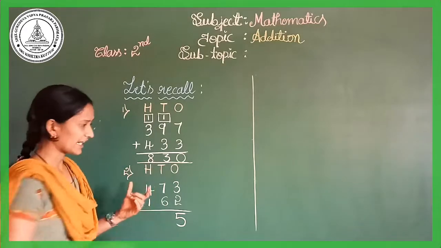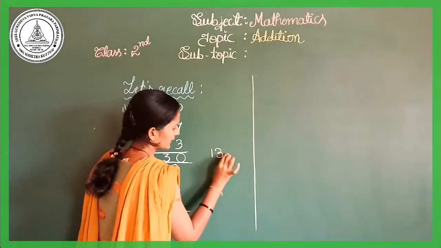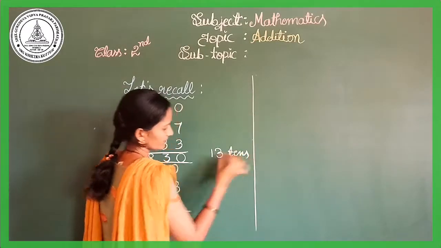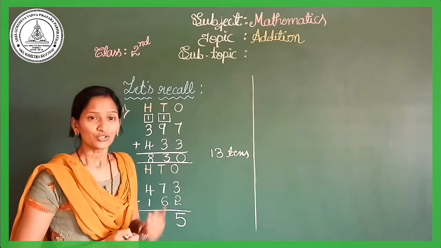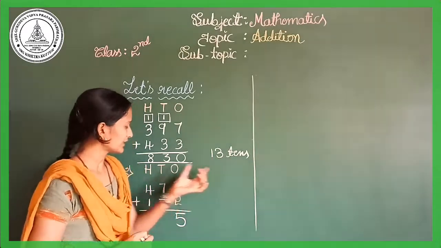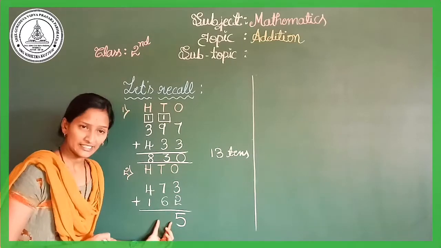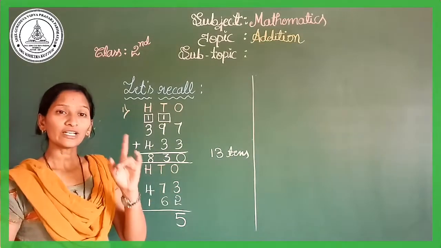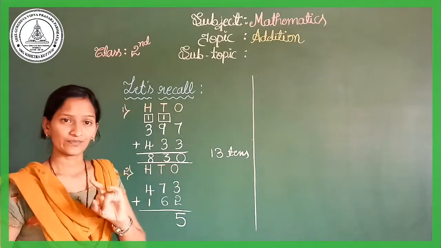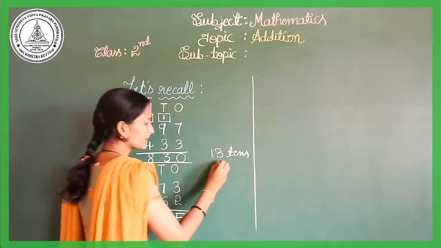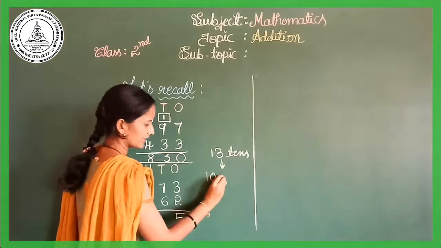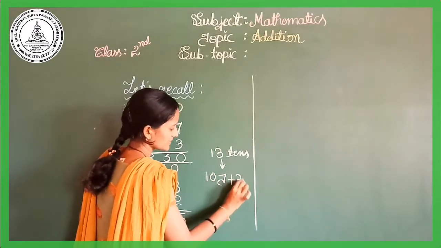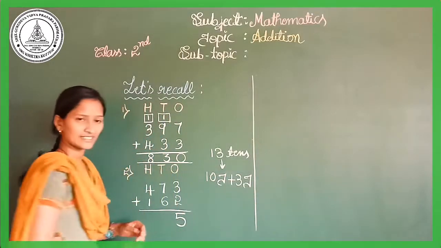13 tens, right? So it is 13 tens. It is a two-digit number, so don't write a two-digit number in the tens column. You always write only a single tens value. So I am writing this 13 tens as 10 tens plus 3 tens.